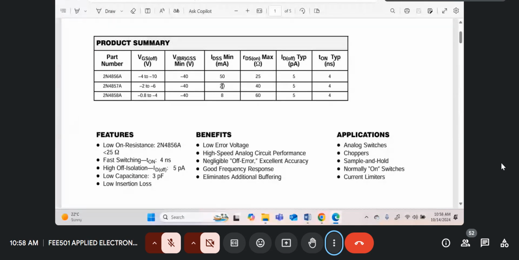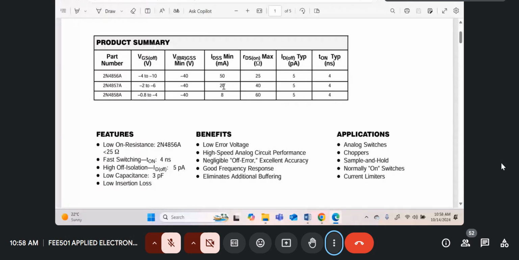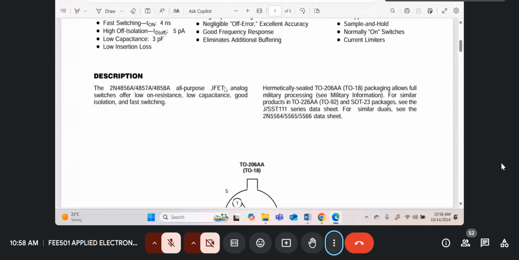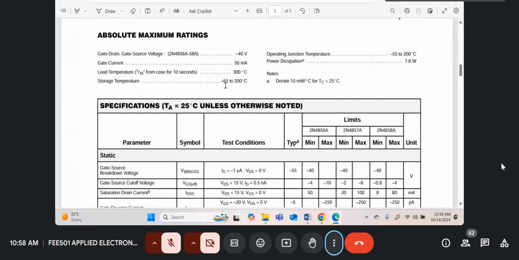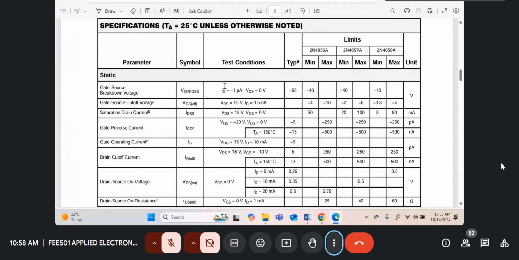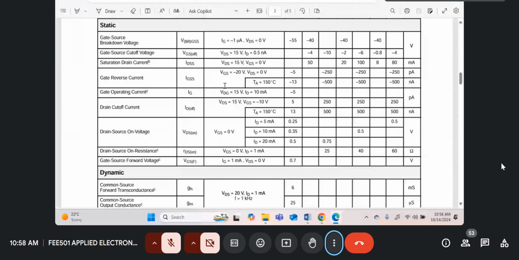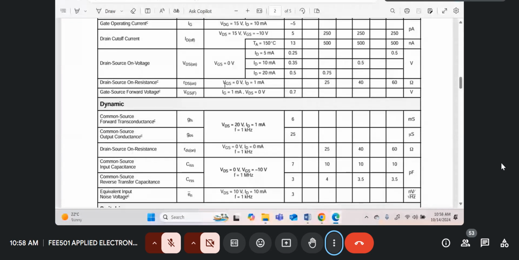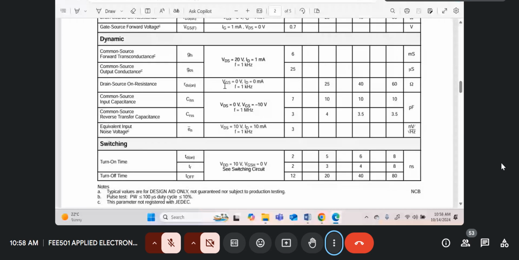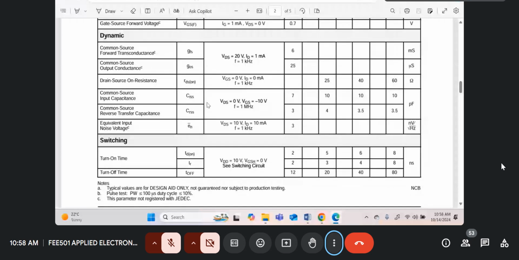They didn't give us the RDS off over here, but I just wanted to show you the capacitances. Here are some capacitances.